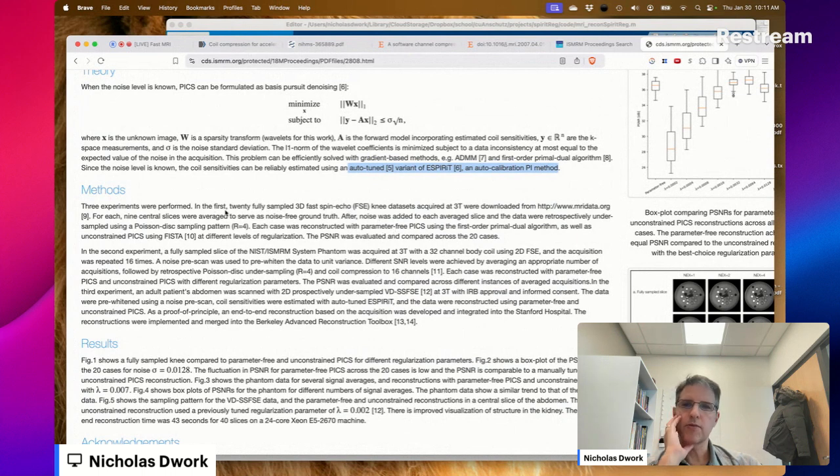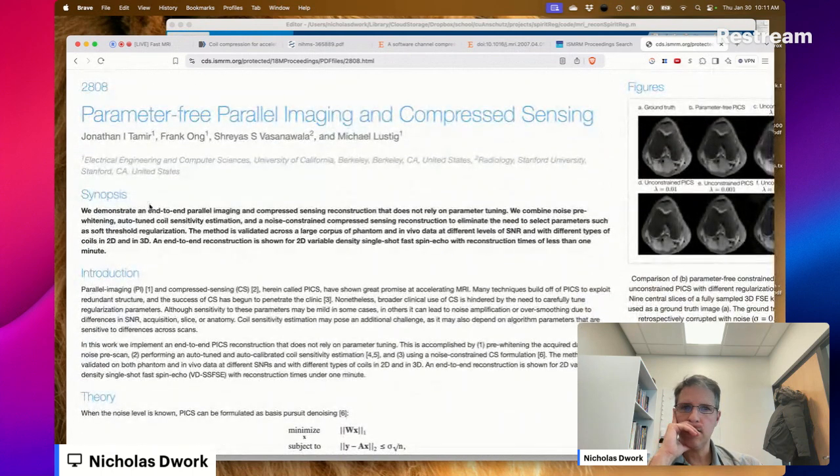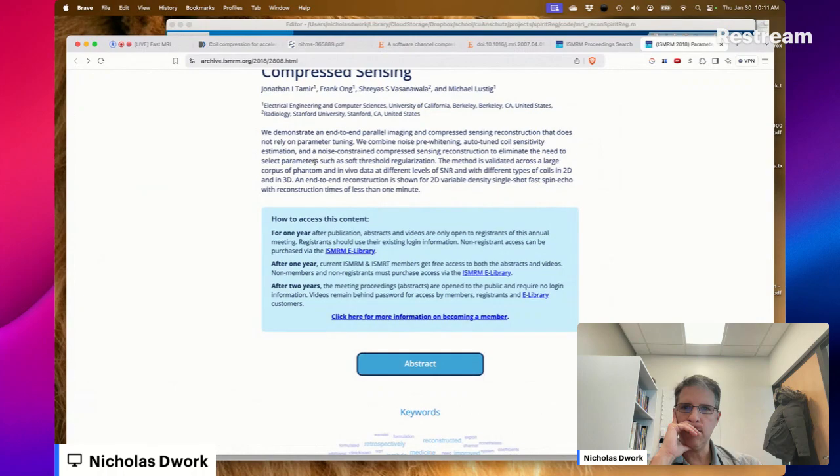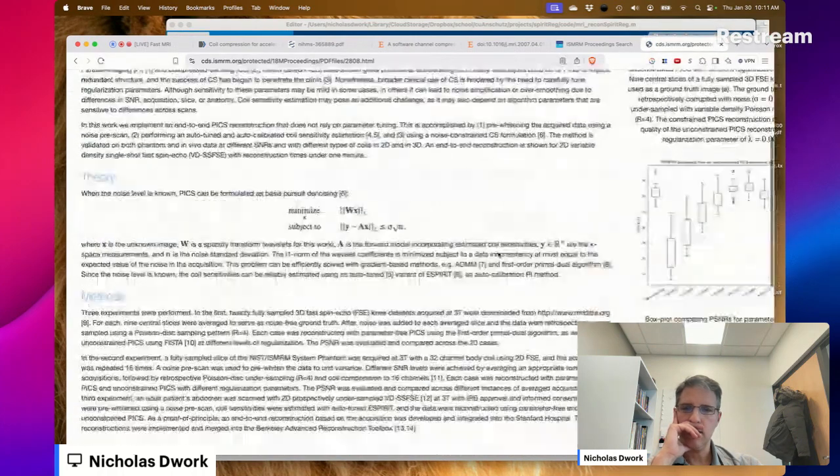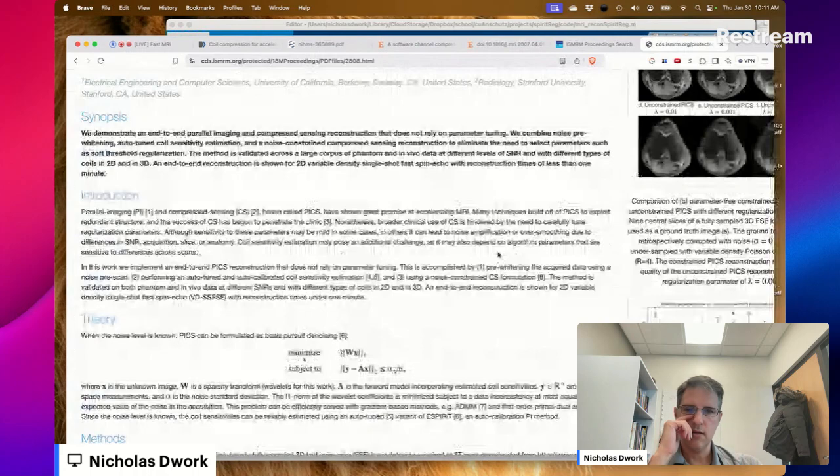Three experiments were performed, and the first 20 fully sampled 3D fast-spin echo knee datasets acquired at 3T were downloaded from mridata.org. When was this published? I wish it told me. The answer is 2018. That's seven years ago?